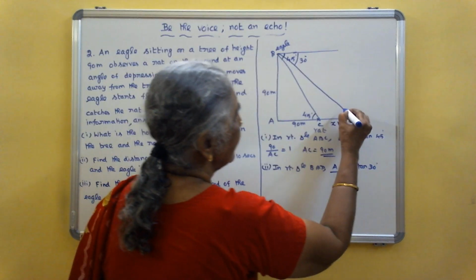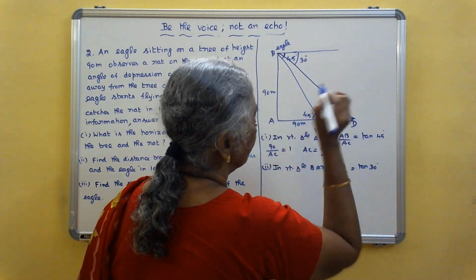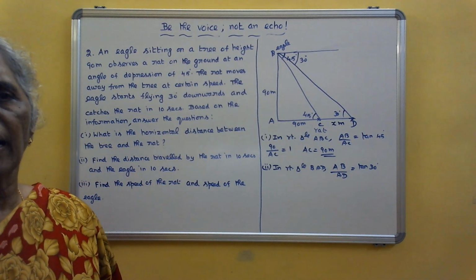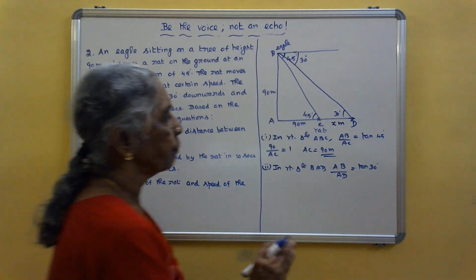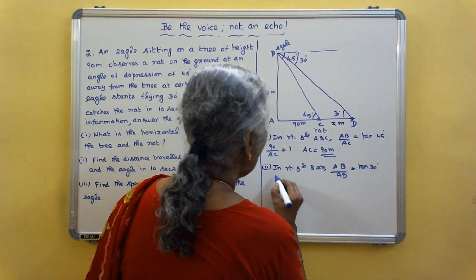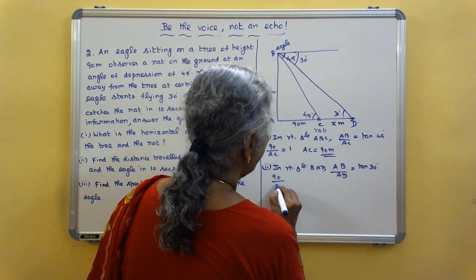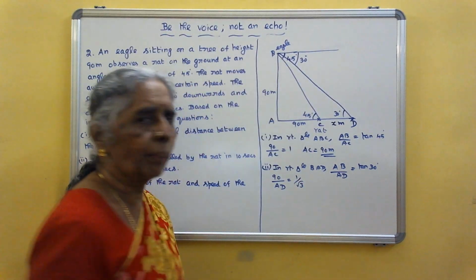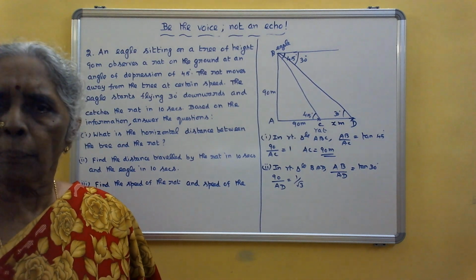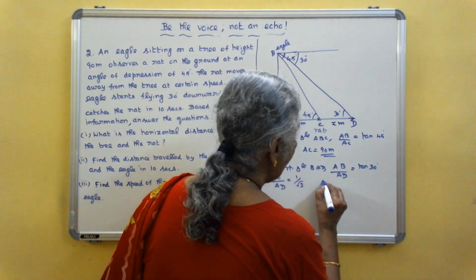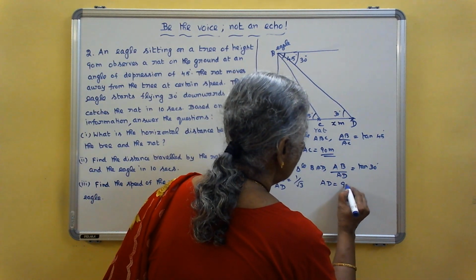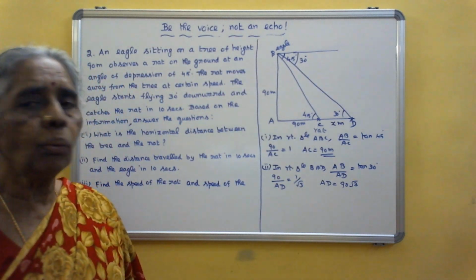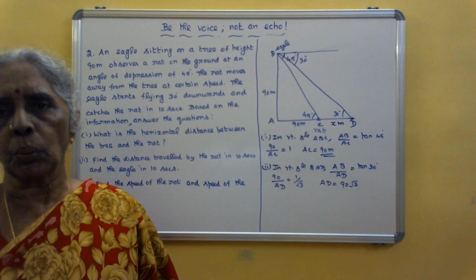Since that is 30, this is going to be 30. So now you will get AB by AD is equal to tan 30. Now AB, you know it is 90. AD we want to find. tan 30 is 1 by root 3. Cross multiply now. You will get AD is equal to 90 root 3. So now AD is 90 root 3.